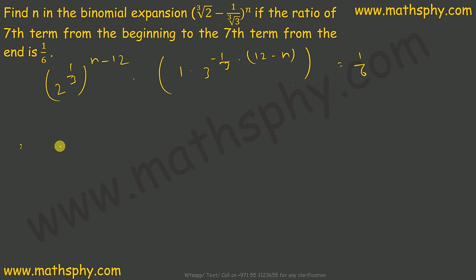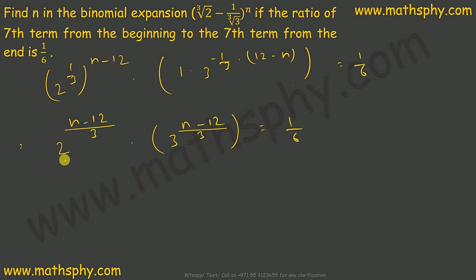This will be 2 raised to (n minus 12) over 3, into 3 raised to negative 1 multiplied by (12 minus n), which gives positive (n minus 12) over 3, equals 1 over 6.